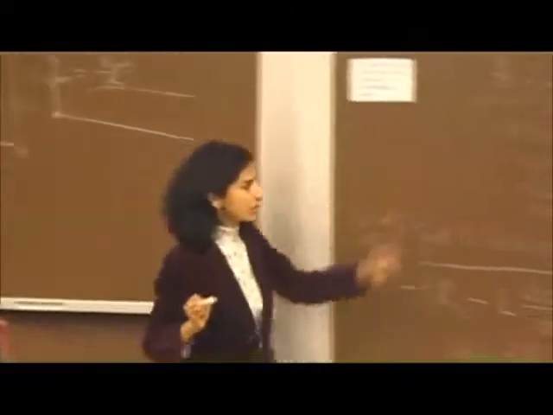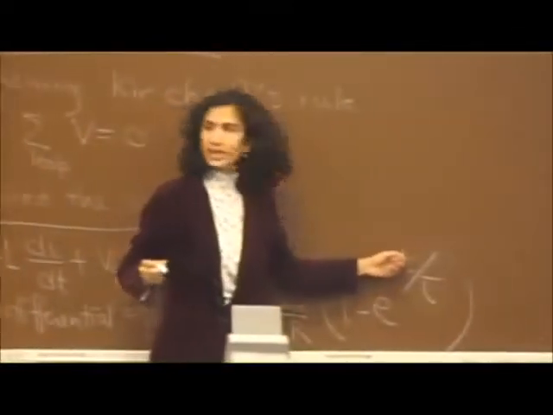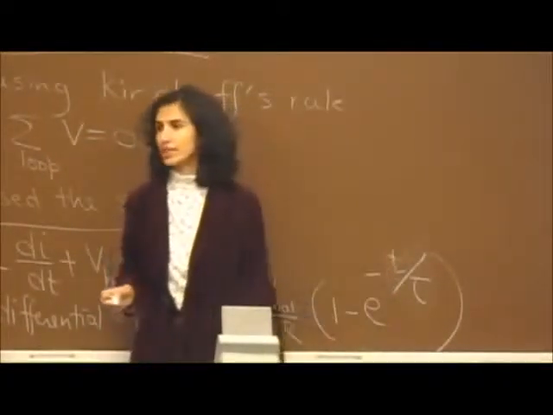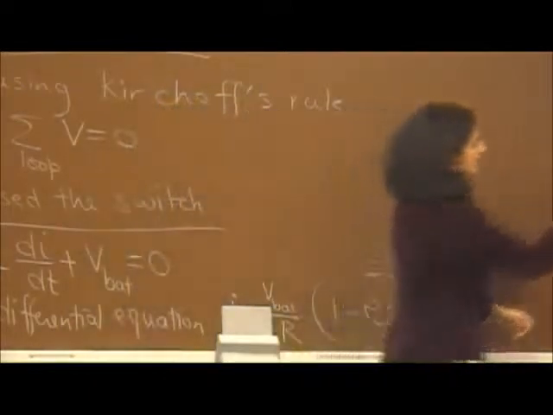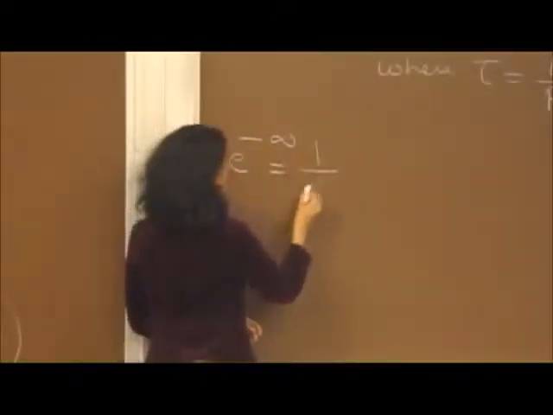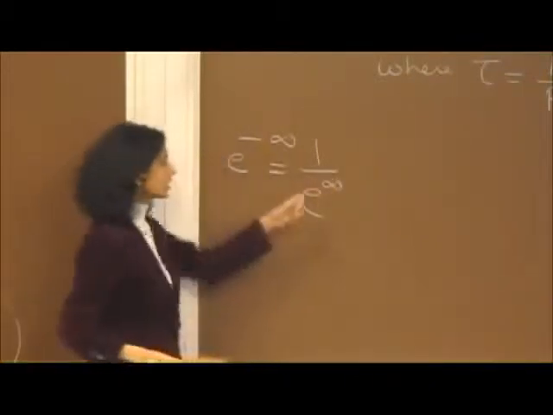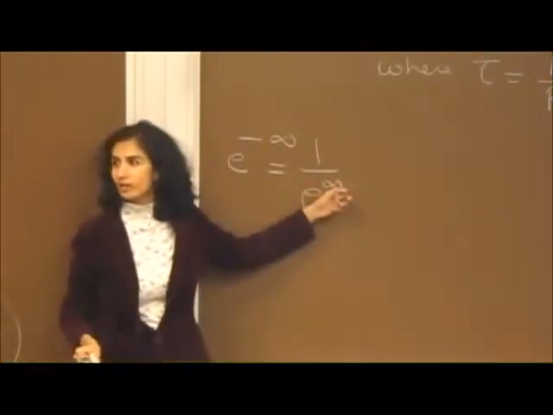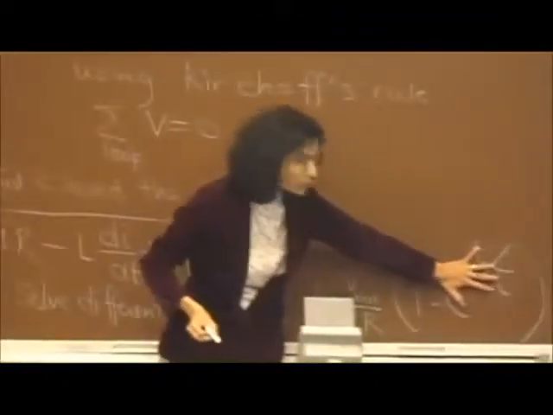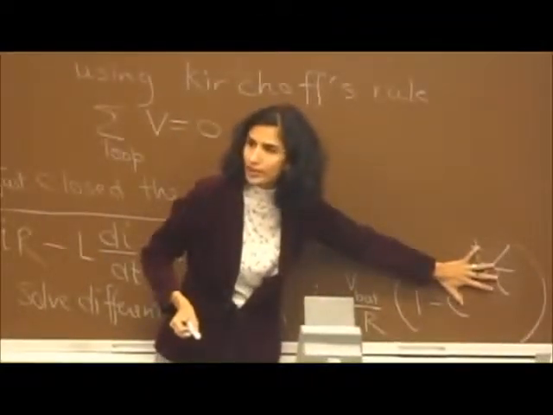Let's try another extreme case, t equal to infinity. If t is equal to infinity, what would be e to the power minus infinity, which is the same as 1 over e to the power infinity? What is e to the power infinity? Infinity. So this is really 0. So this term goes to 0 a very long time after.